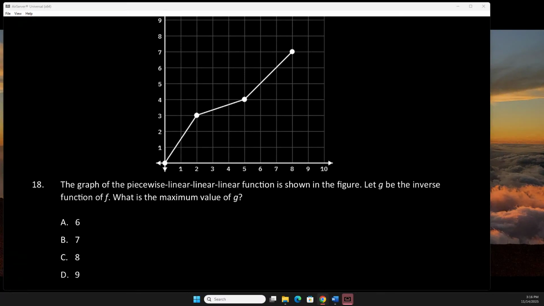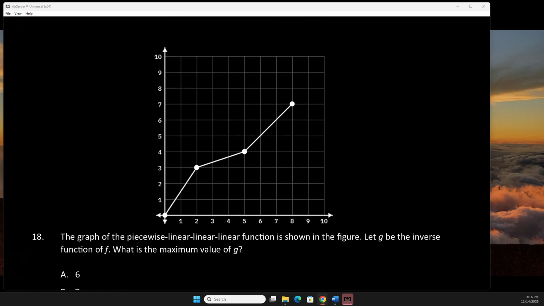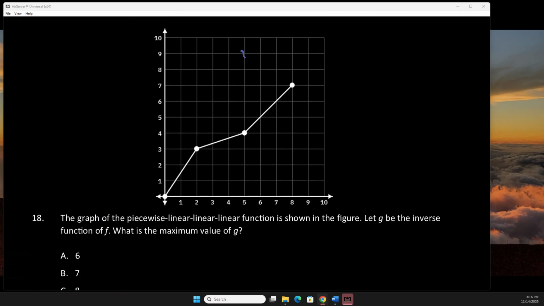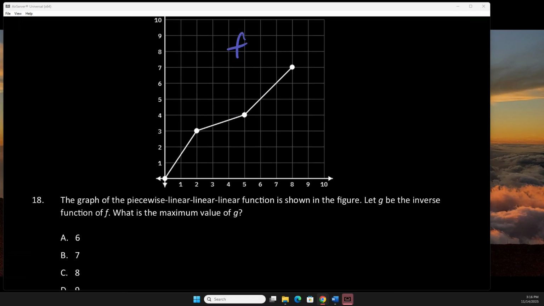Okay, and then on 18, we have this piecewise linear function. G is the inverse of f. This doesn't tell you, but it should be labeled as f. All right, and so we want to find the maximum value of g.